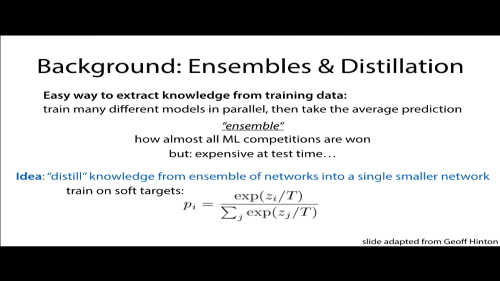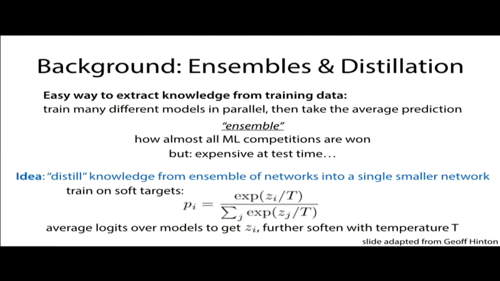So if you're doing a multi-class classification problem and you have a softmax at the end, say the Z_i are your average logits over all of the models in your ensemble, you can get more knowledge from the network by using the probabilities of each of the classes.